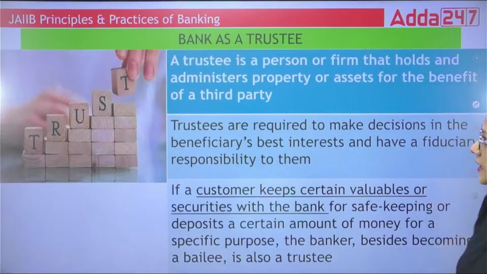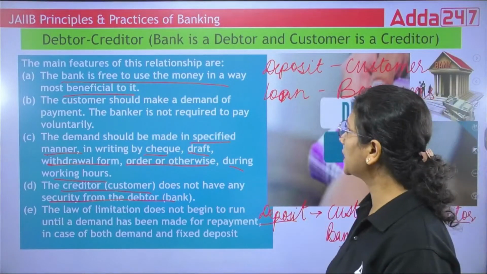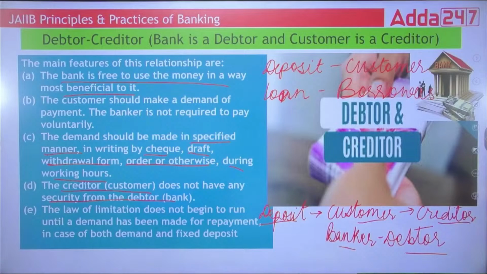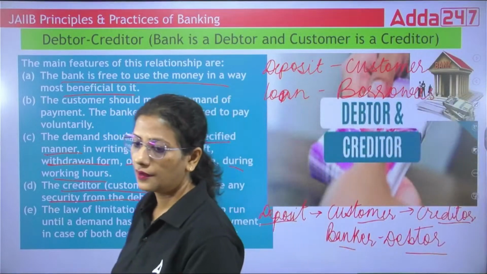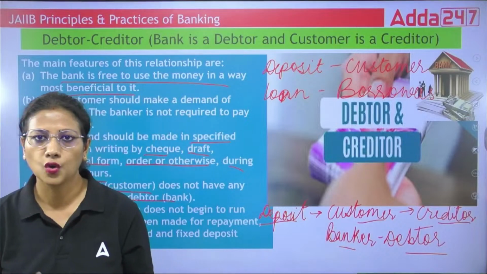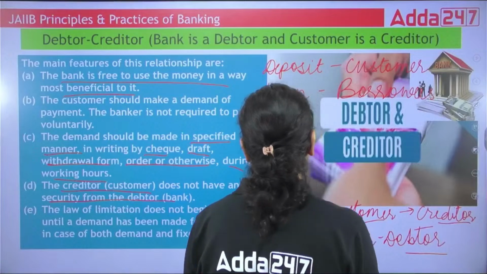Now comes the second relationship, which is with creditor and debtor, where we give the loan. Where the bank gives a loan to the customer, the bank becomes the creditor.